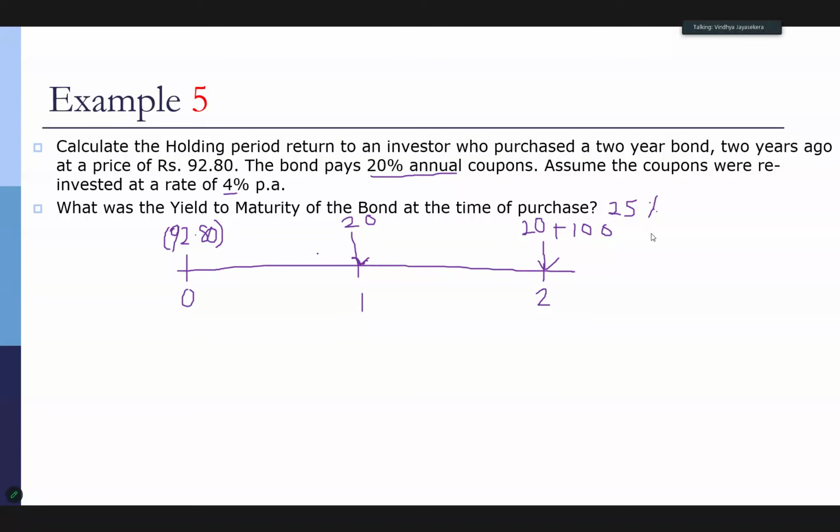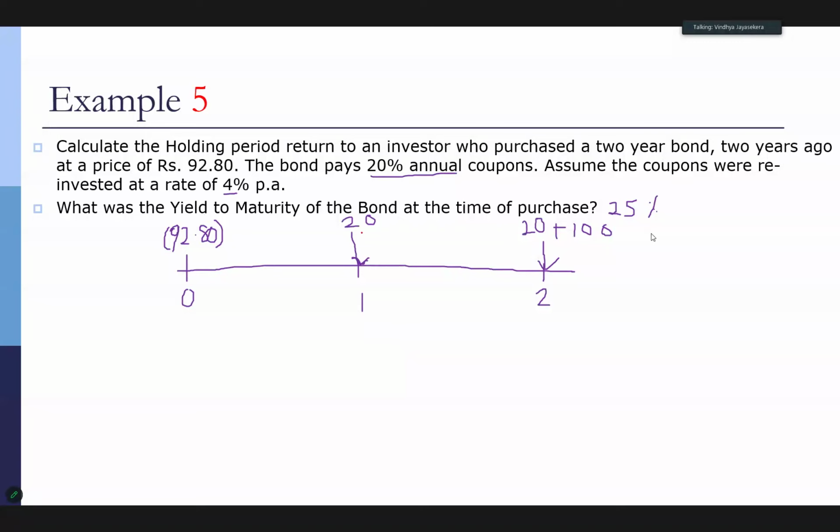But no, you get the coupon and you'll either consume it or put your money into a savings account. So here, let's assume you get a 4% return. So what do we do in a holding period return calculation?